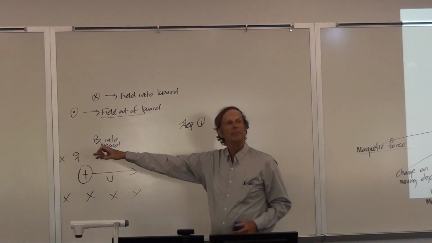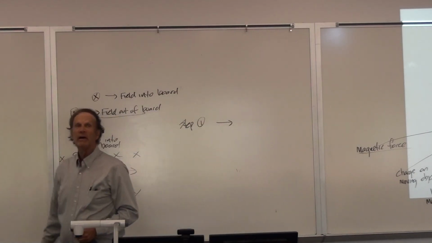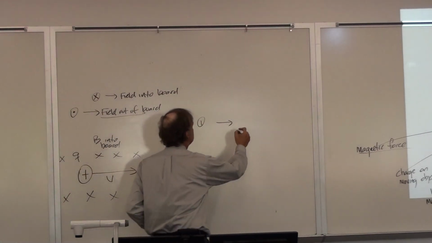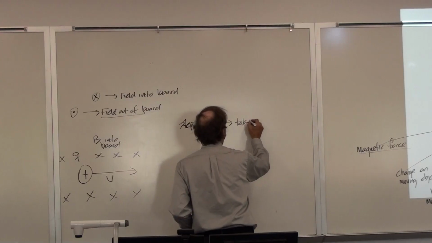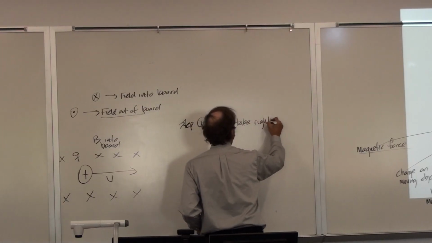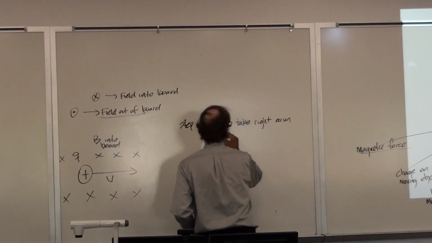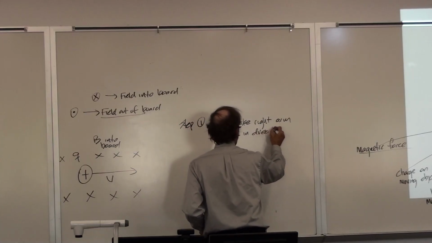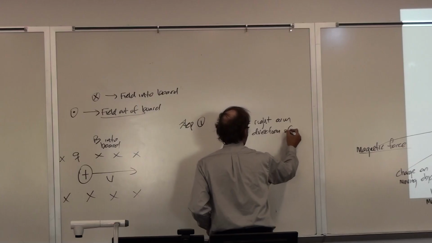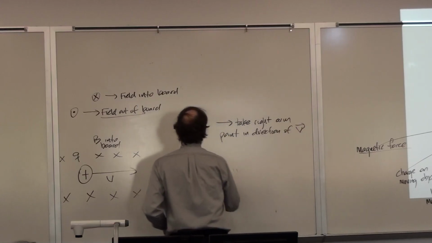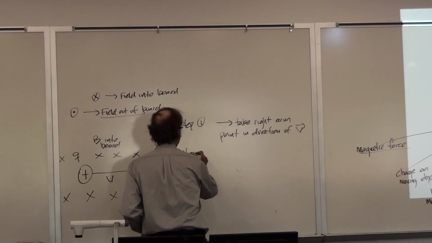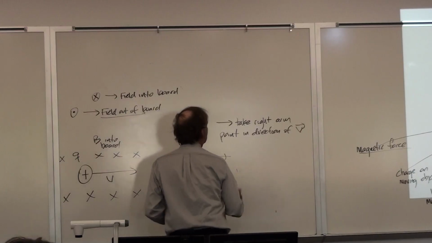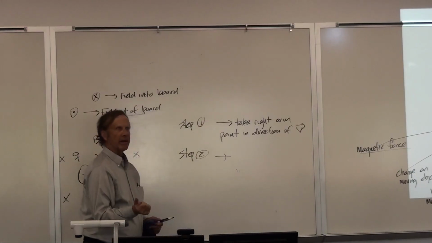Take your right arm, point it in the direction of V. Then step 2, curl your fingers in the direction of B.